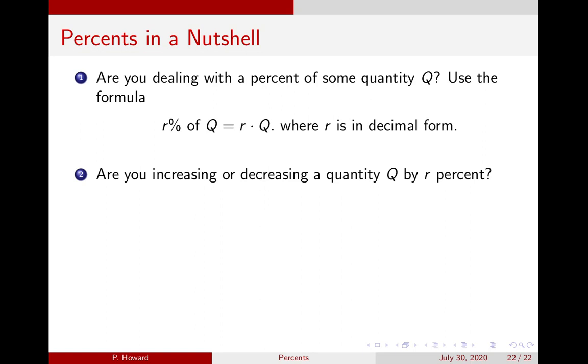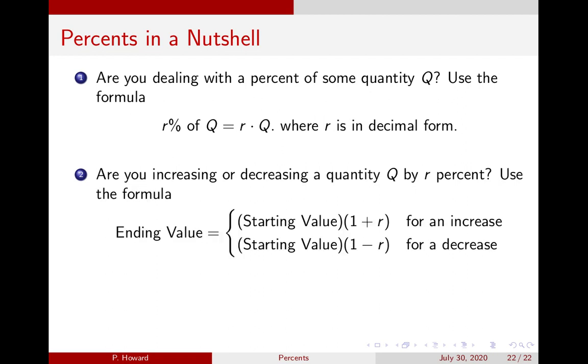If you are increasing or decreasing a quantity by R percent, we've seen that you get the ending value by taking the starting value and multiplying by 1 plus R for an increase, or multiplying the starting value by 1 minus R for a decrease.